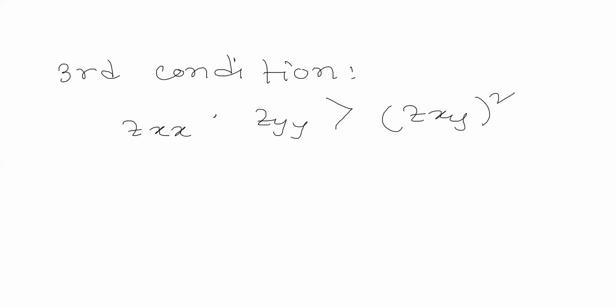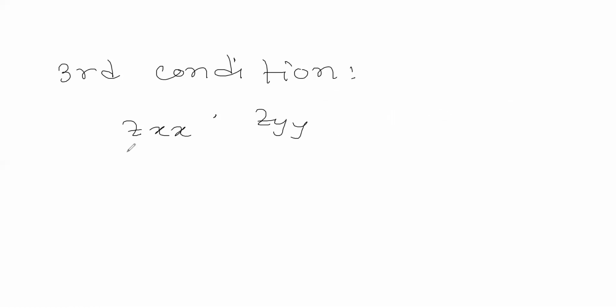Only if this condition is fulfilled, then we will take the decision from the second order partial derivatives that the function is at its relative minimum and convex. But let's first calculate. So we will not put this sign now. We will put it later.